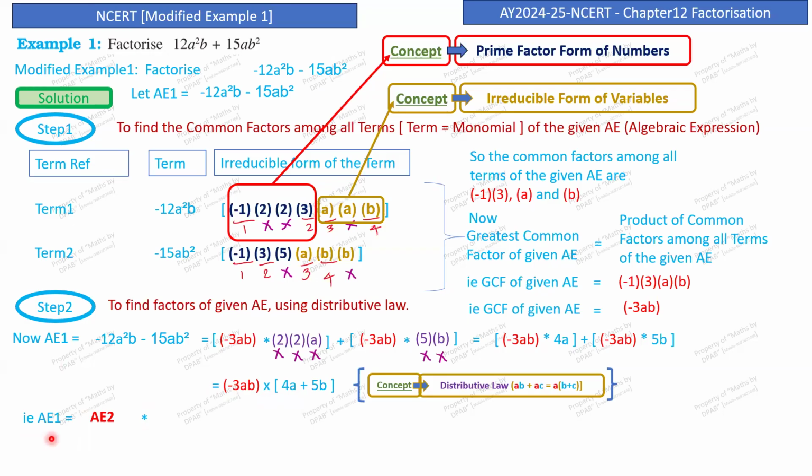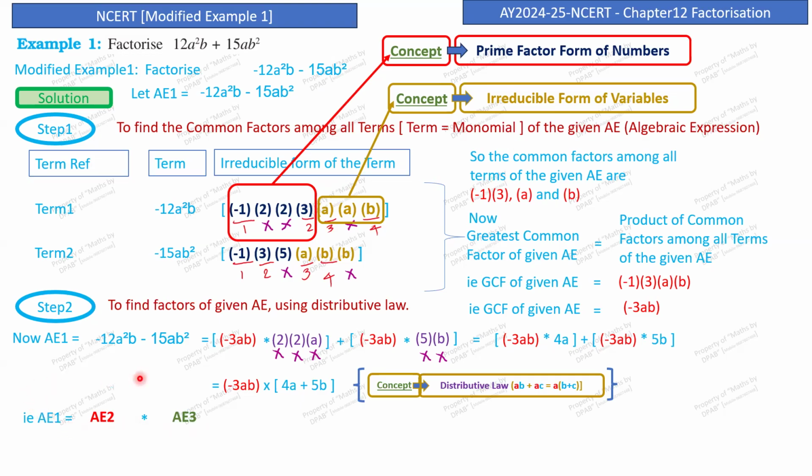So algebraic expression 1 equals algebraic expression 2 into AE3, which is 4a plus 5b. So the originally given algebraic expression AE1 can be written as the product of two other algebraic expressions, AE2 and AE3. When we multiply AE2 and AE3, we get AE1. This is what it means.